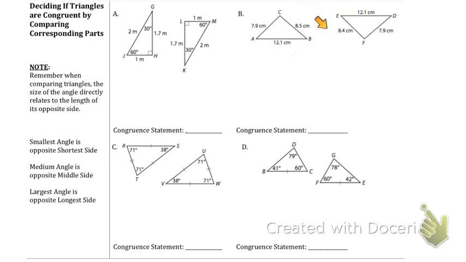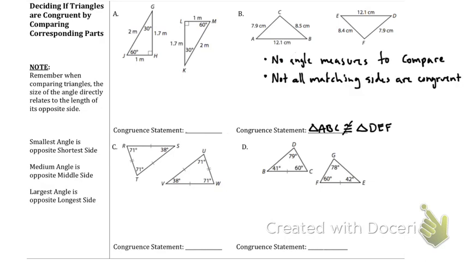On top of that, if you look, the sides look like they match: 12.1, 12.1, 7.9, 7.9. But then you get here, 8.5, 8.4. This also disqualifies it. These sides are not congruent. Therefore, these triangles are not congruent. Remember, to show congruence, both rules have to be true.